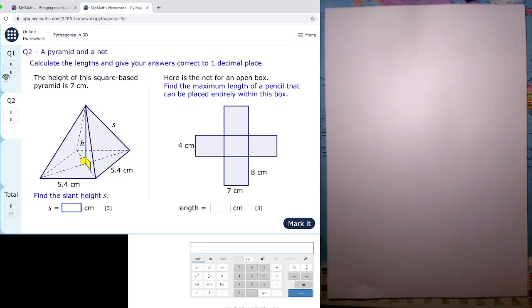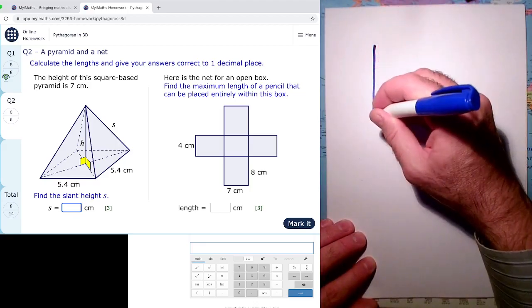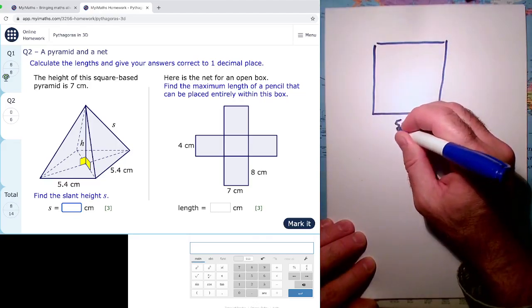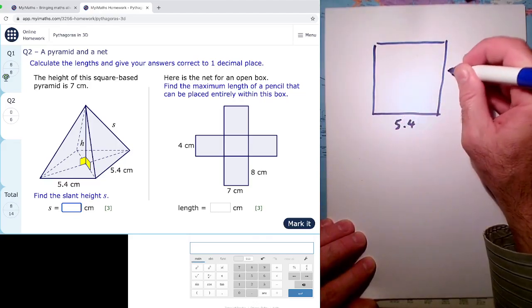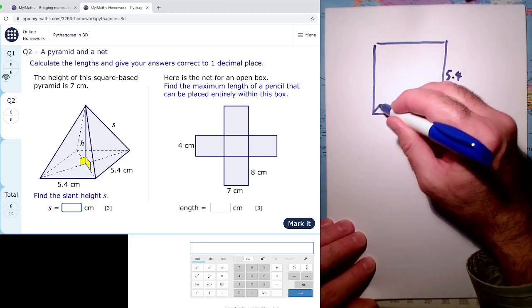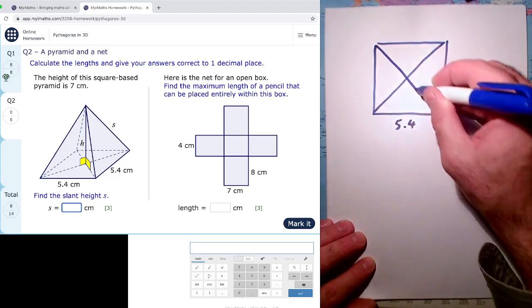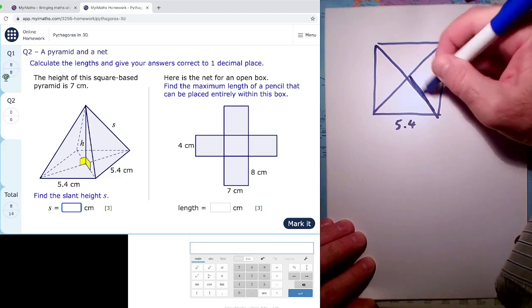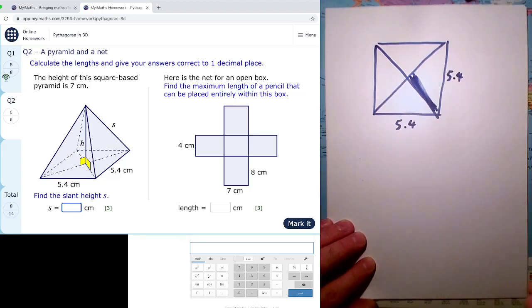We know that the height is 7. We need to know the slant height s, so we need to find out this length at the bottom. If you think about the bottom of that pyramid, it's a square, and it's got sides of 5.4 all the way round, and then you've got diagonals in that, and then half of one of those diagonals is the thing we're looking for.